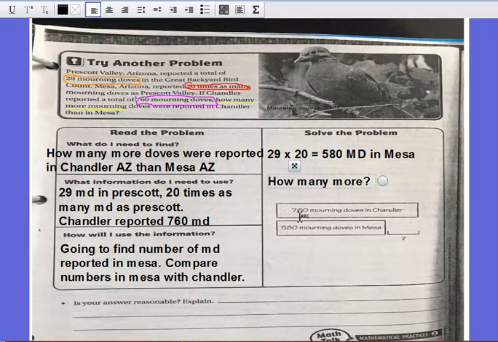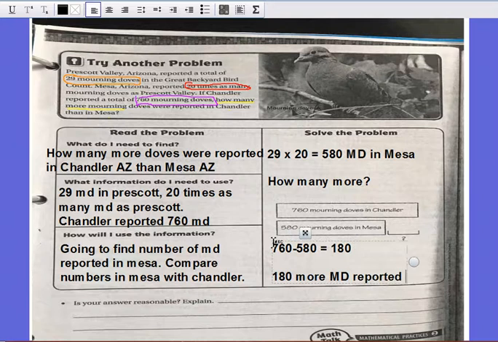So what can you do to those numbers to get from 580 to 760? Well, you're going to subtract the two numbers to find the difference. So you're going to take 760 minus 580, and you're going to get 180. So there are 180 more mourning doves reported in Chandler.